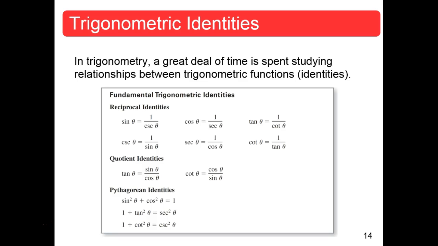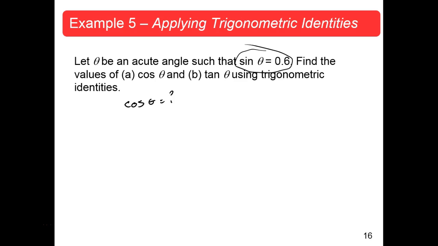But this is a relationship between sines and cosines, right? So we're going to use that one. Okay? So, let's use that identity. Sine squared theta plus cosine squared theta is equal to what? Always 1.